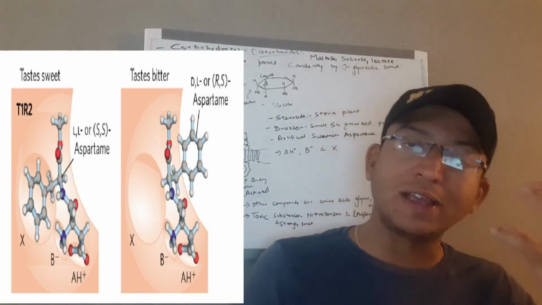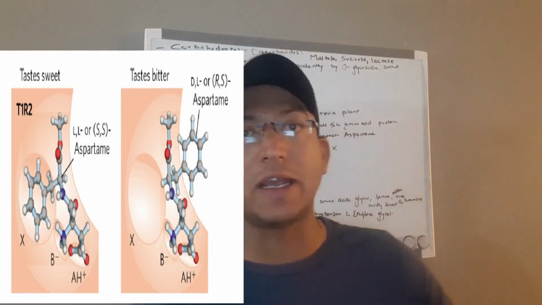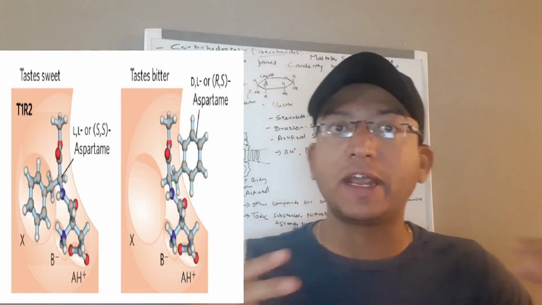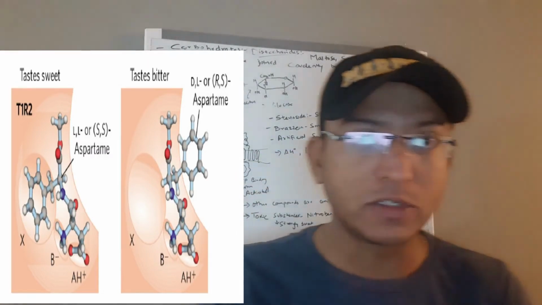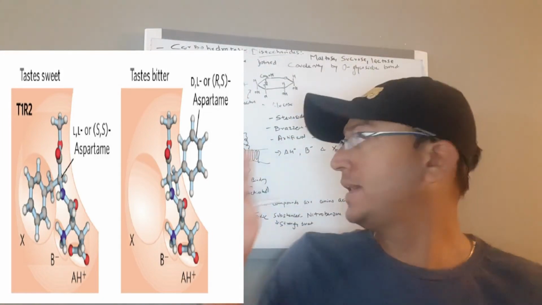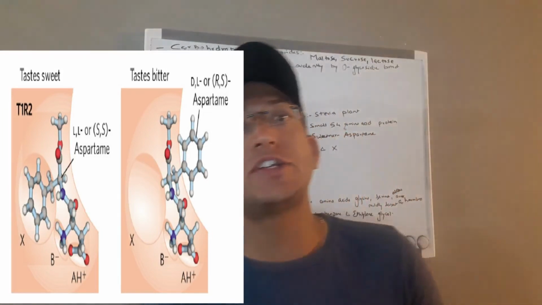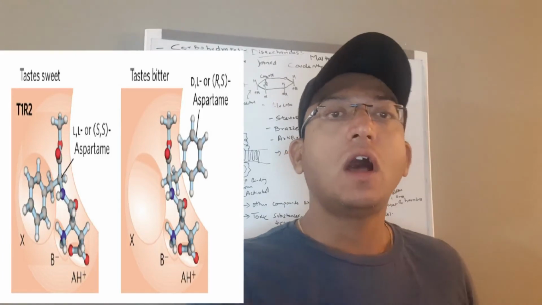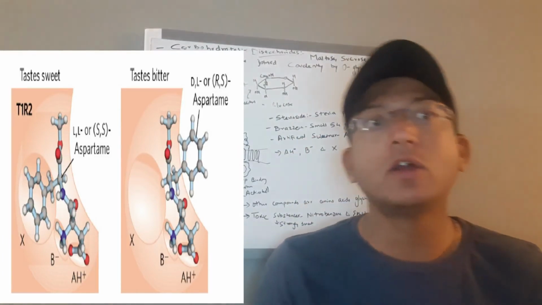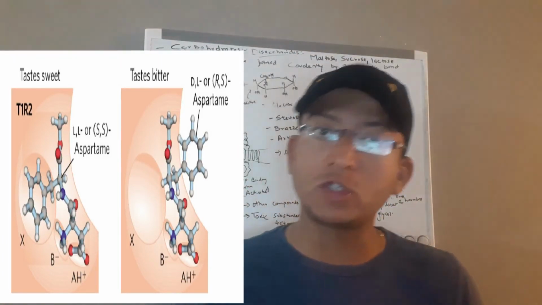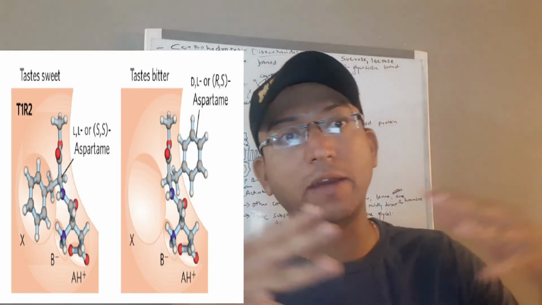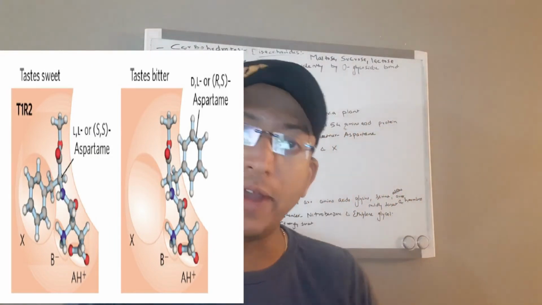The carboxylic acid of aspartame contains such an oxygen, so it can bind to this AH plus. Site B negative has a group with a partially negative oxygen available to hydrogen bond with a partially positive atom on the sweetener molecule, right?